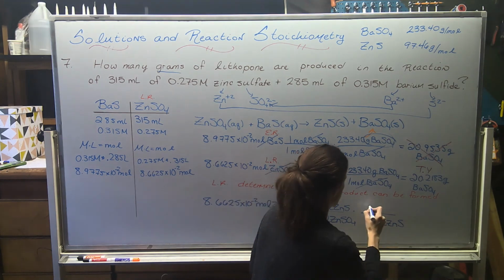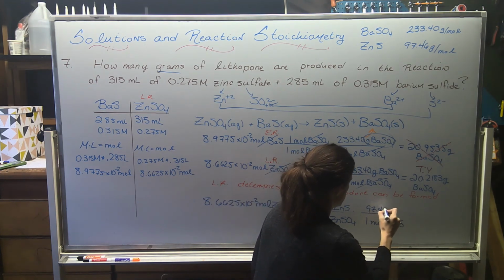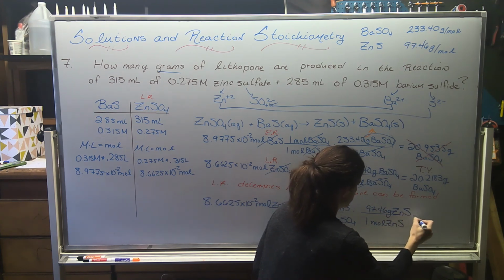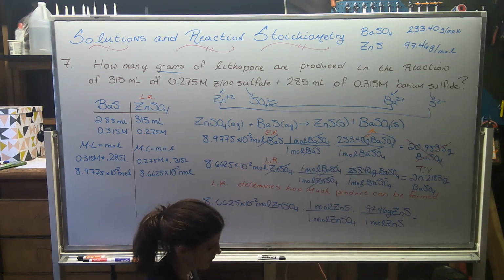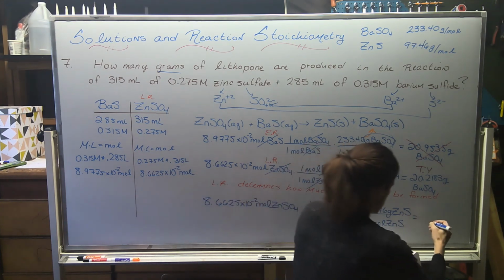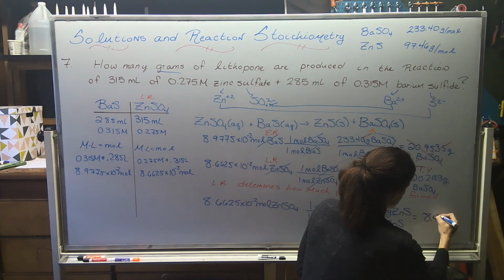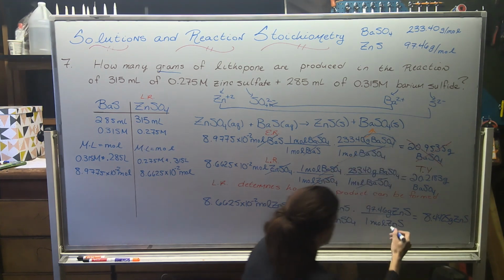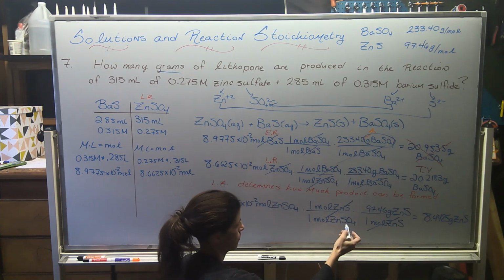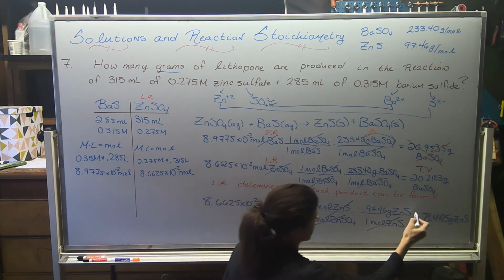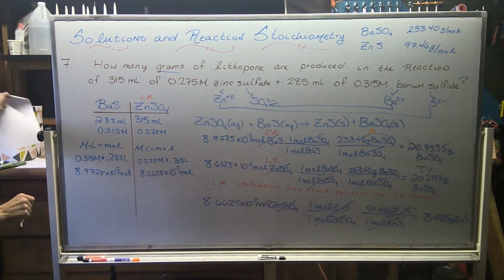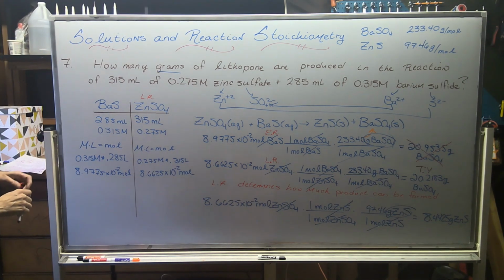So the 97.46. When I did that, I got 8.4425 grams of zinc sulfide. So moles of zinc sulfate will cancel, and we're left with grams of zinc sulfide.